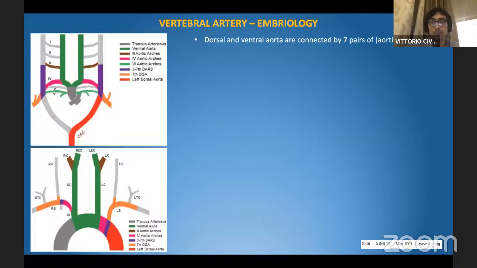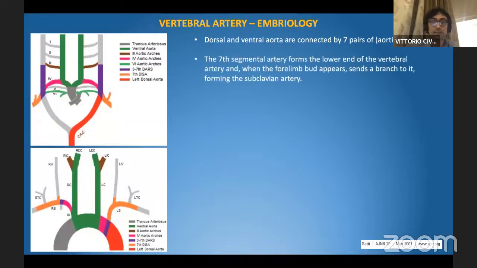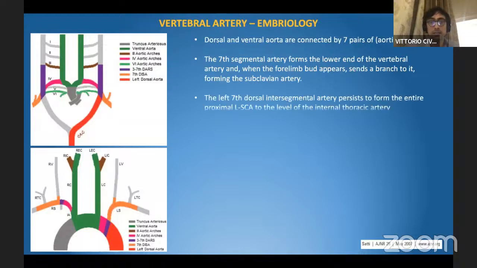The dorsal and the ventral aorta are connected by seven pairs of aortic arches, and the seventh segmental artery forms the lower end of the vertebral artery. It then sends a branch to the forelimb bud to form the subclavian artery.